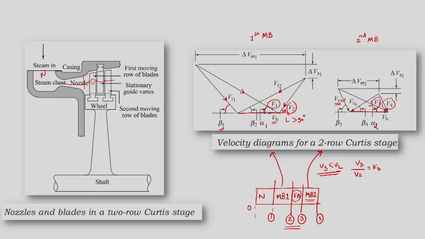So, we are drawing the same velocity diagram, but here while drawing it, we have drawn this special velocity diagram for the fact that alpha 3 and alpha 4, which are the absolute velocity angles at the exit, are less than 90 degrees, for which we have drawn this diagram.